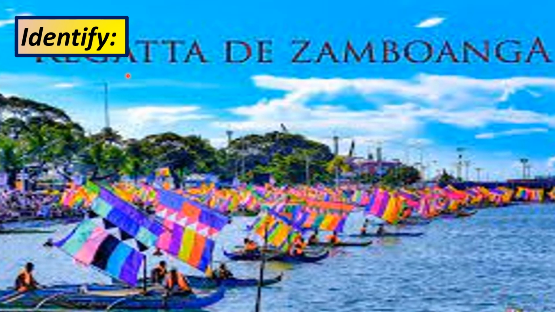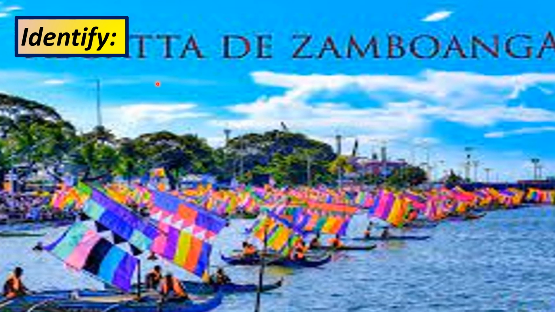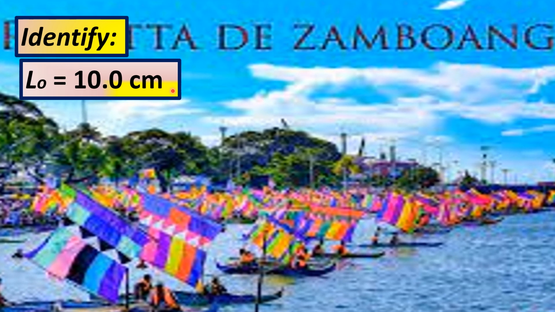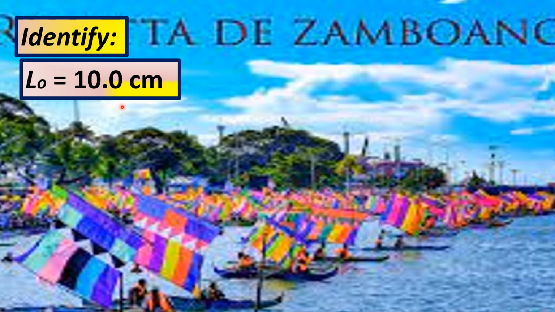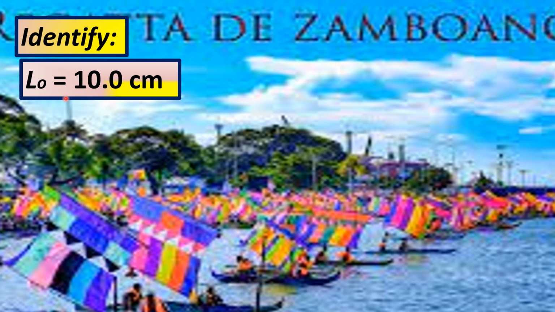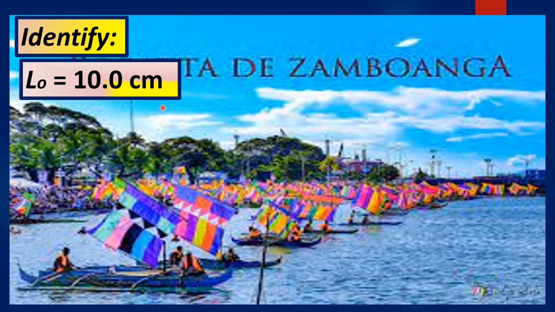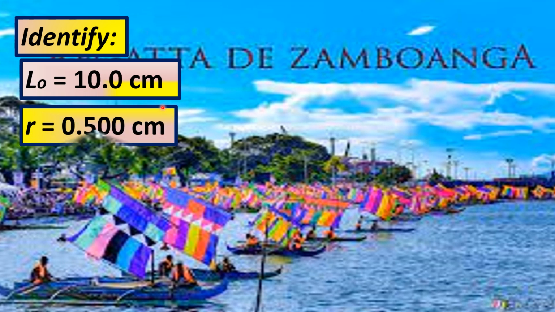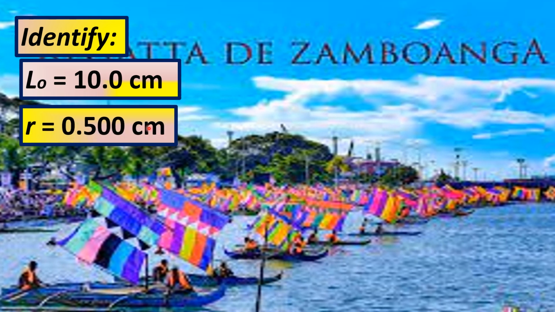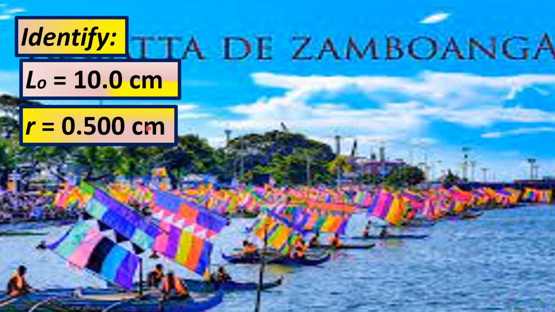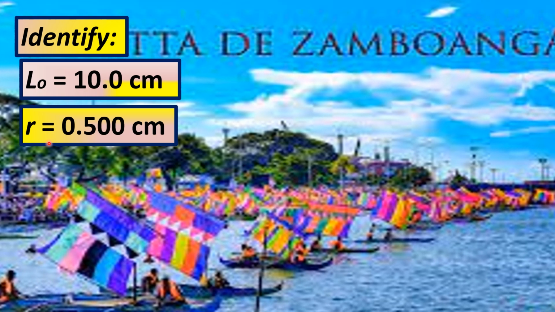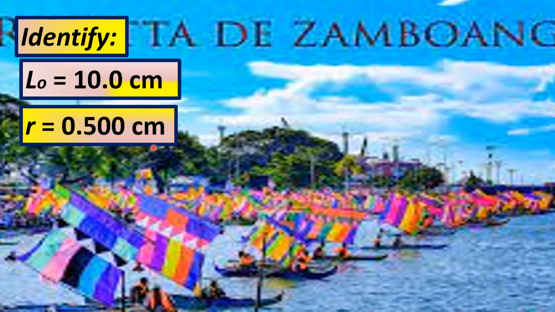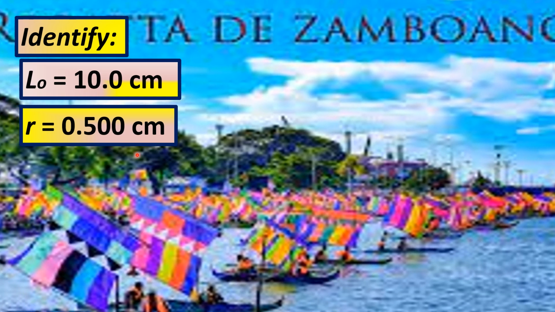Identifying the given data, we have the initial length of the brass rod, denoted by L naught, equal to 10.0 centimeters. The radius of the cylindrical rod, denoted by small letter r, equals 0.500 centimeters.